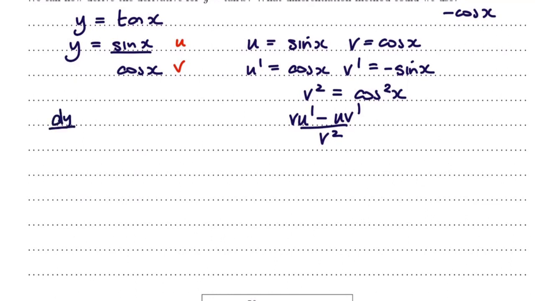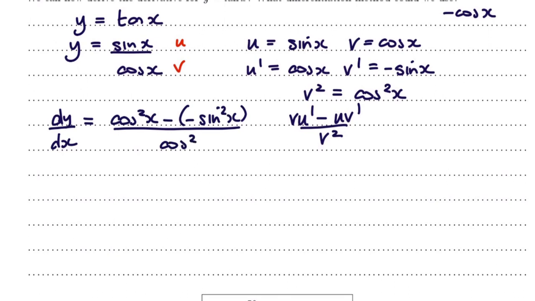So we get dy dx equals, well, vu dashed is cos squared x, and it's minus, and then uv dashed is minus sine squared x over cos squared x, which is v squared.